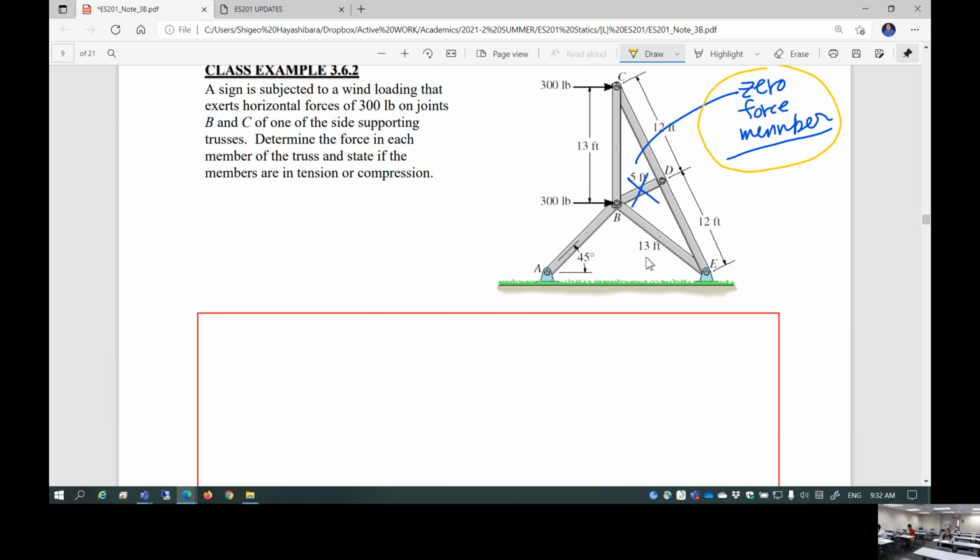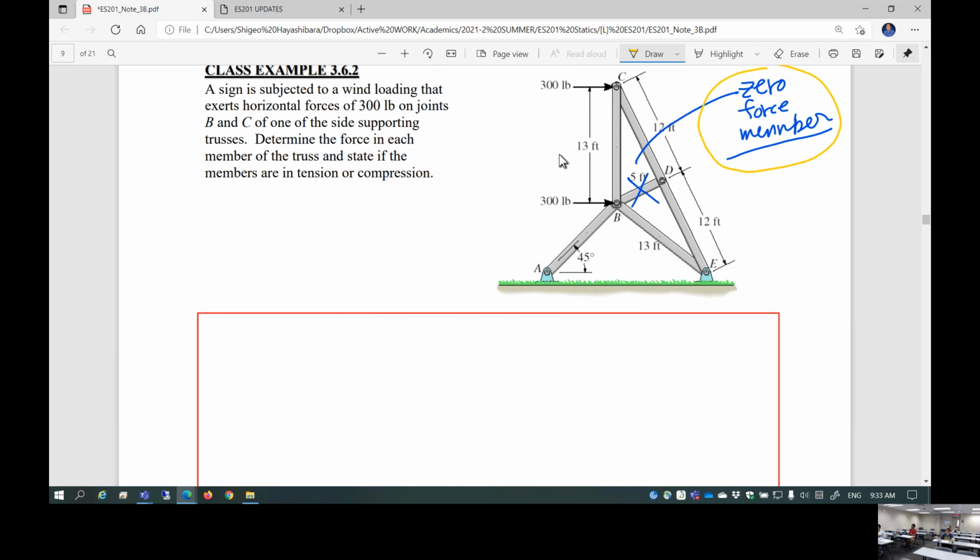Yes, Sean? You can also use the members as well, instead of the joints. That makes sense. Okay. Looks like I didn't do any of those. Holy cow, why? I didn't draw a free body diagram of the entire truss structure.